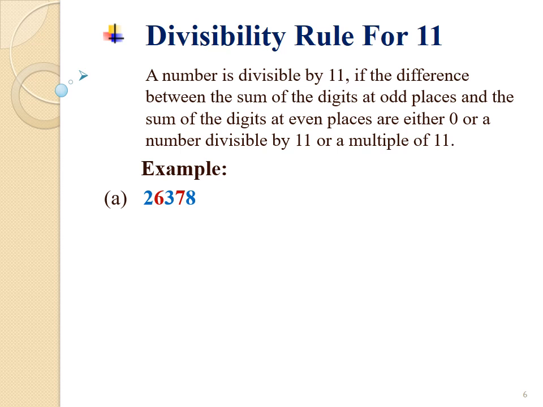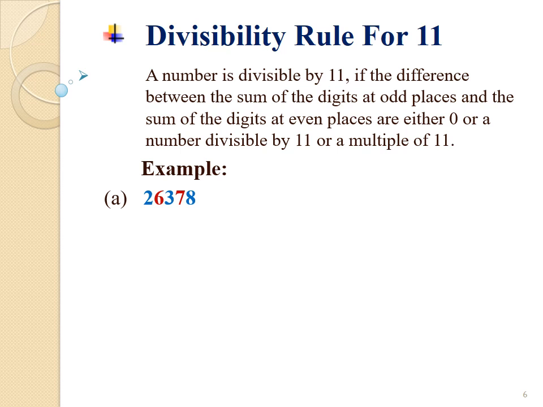And step number 3, we have to find the difference between the sum of the digits at all the places and even places. If we get 0 or a number divisible by 11 or multiple of 11, then a given number is divisible by 11, otherwise not.